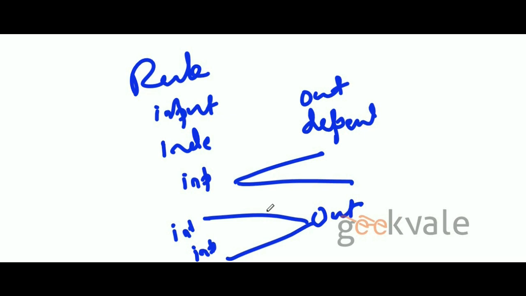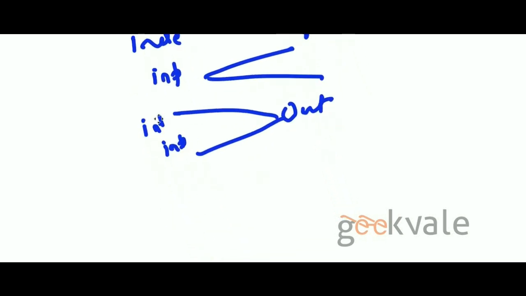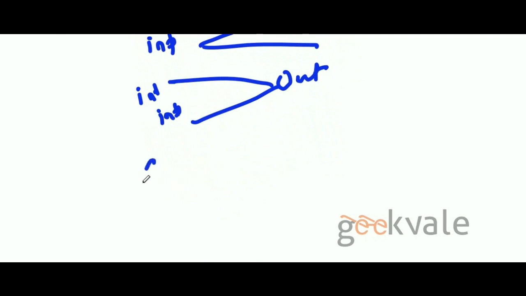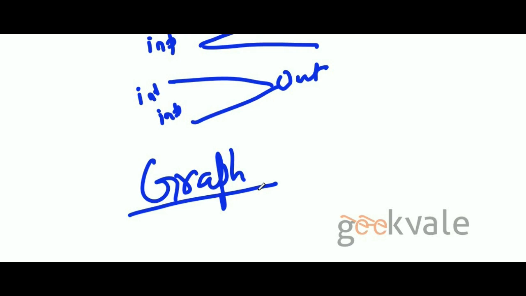The different representations of the functions that we did so far were function table, ordered pairs, and mapping. There is one very important representation of the function which is called graph. I'm going to cover that in my other lecture, where I'm going to talk about the basics of the graph and the graph of the function.